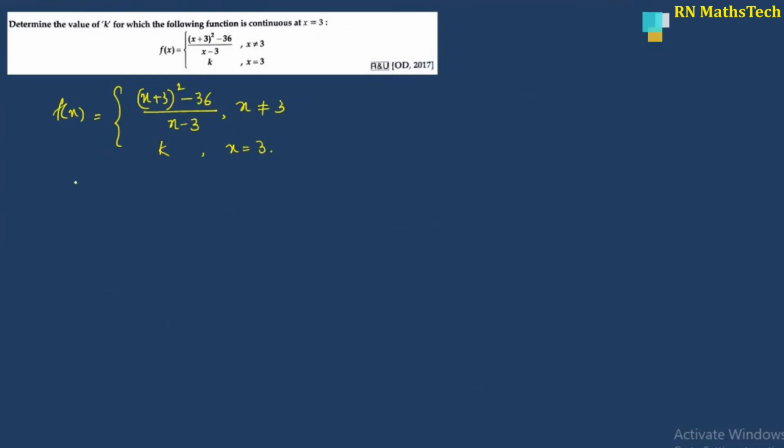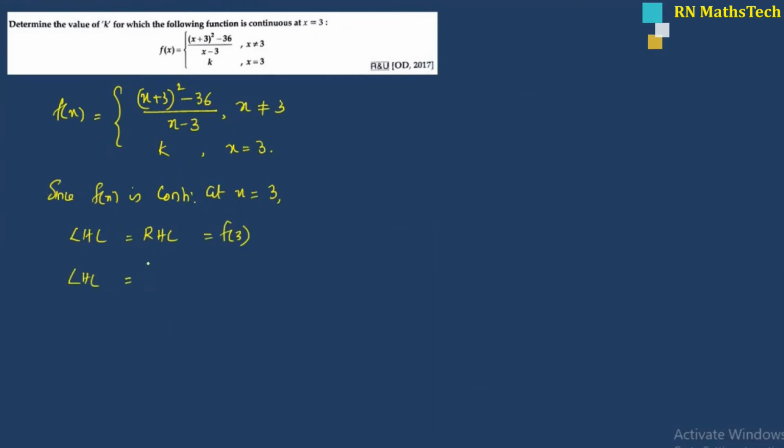Okay. Since f of x is continuous at x is equal to 3, left hand limit equal to right hand limit equal to f of 3.